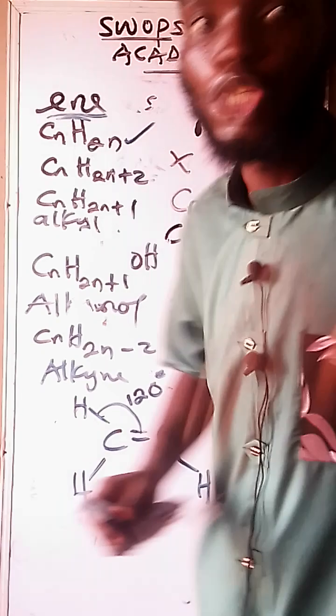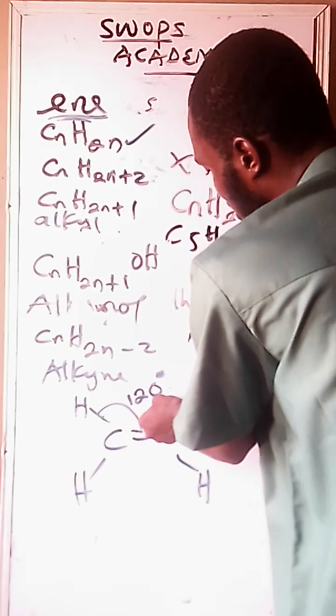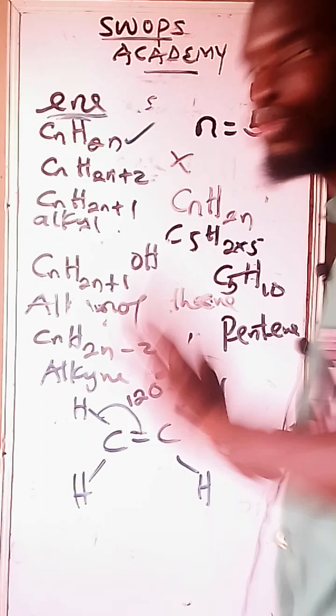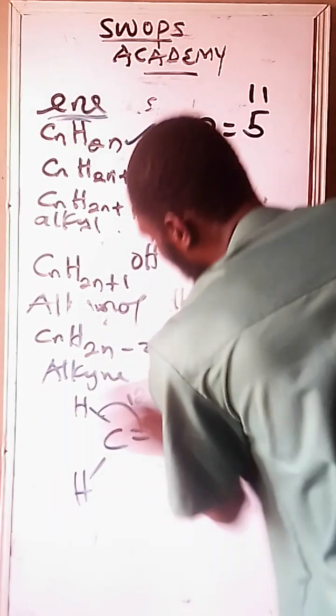So they will now ask you the bond angle of ethene, propene, butene. The bond angle is what? 120 degree. So they will put so many options. Go for 120 degree. So these are the little things.